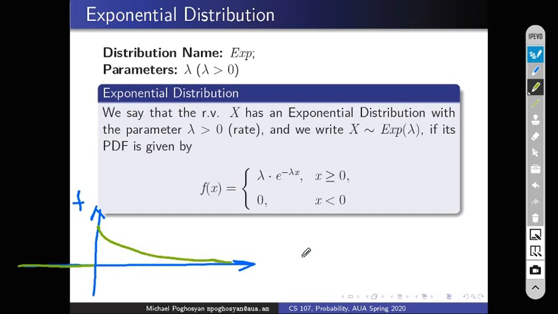So I will have this shape of graph. This means that our random variable x cannot take negative values. It is taking positive values only.